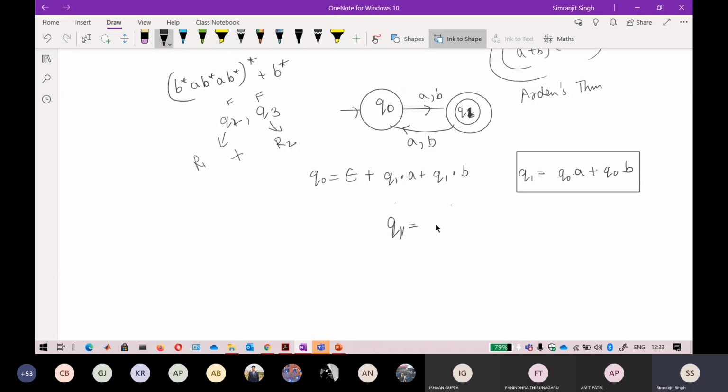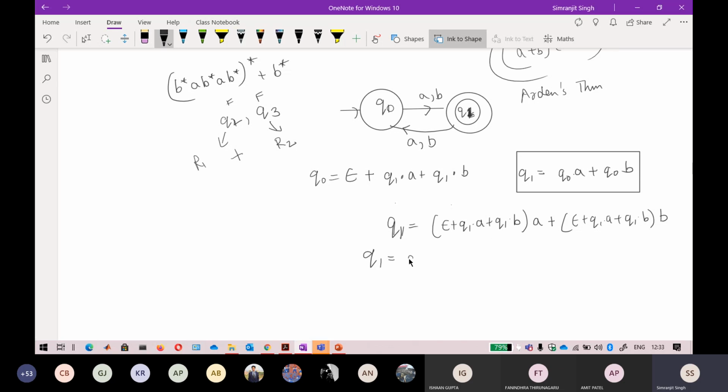So the value of q naught becomes epsilon plus q1 a plus q1 b followed by a, then epsilon plus q1 a plus q1 b followed by a b. Yeah, I think now it seems correct. Okay, so now from q1, this acts as a 1 if you remember.